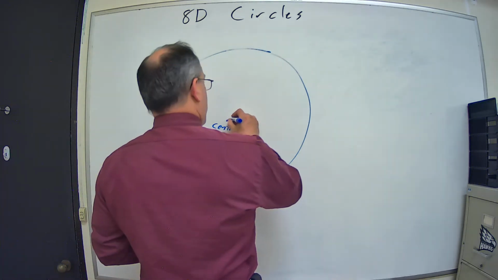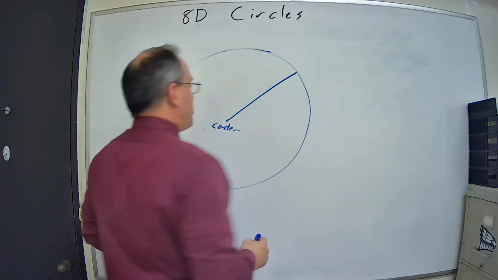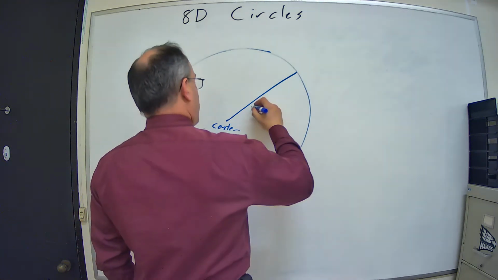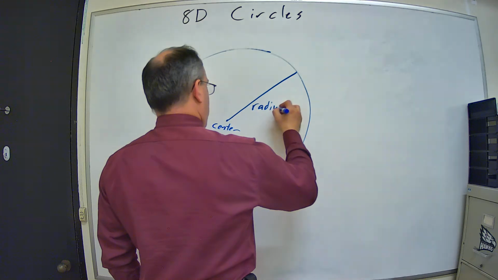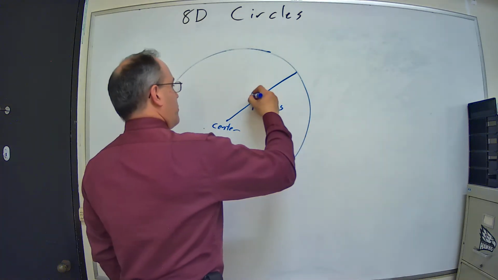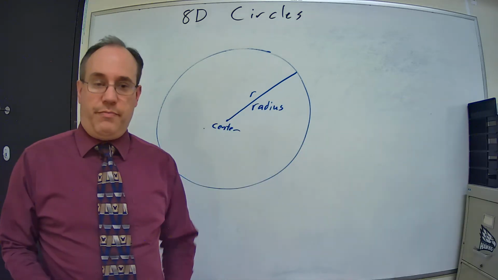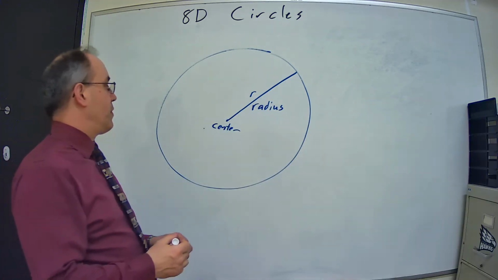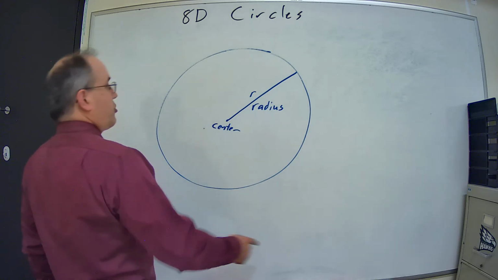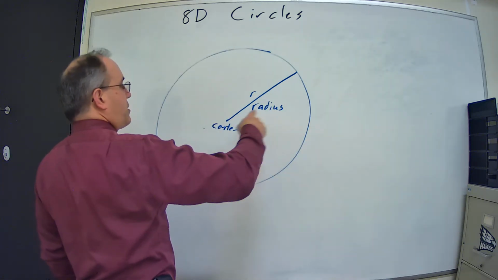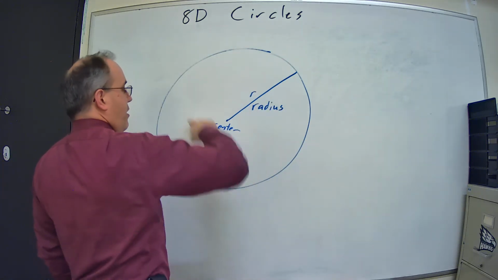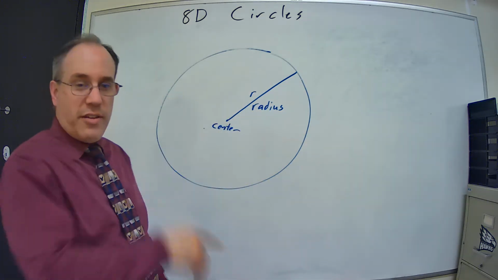That distance from the center to those points is the radius, and we usually use a lowercase r to indicate the radius. So a circle is all points that are r away from the center. Creates this circle.